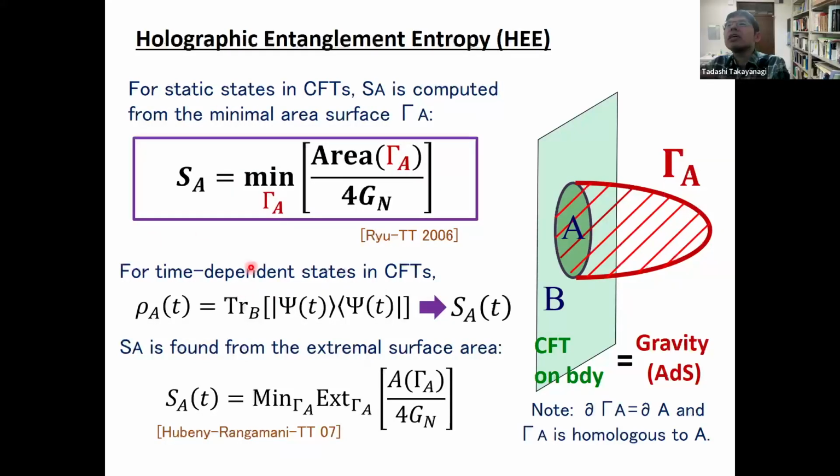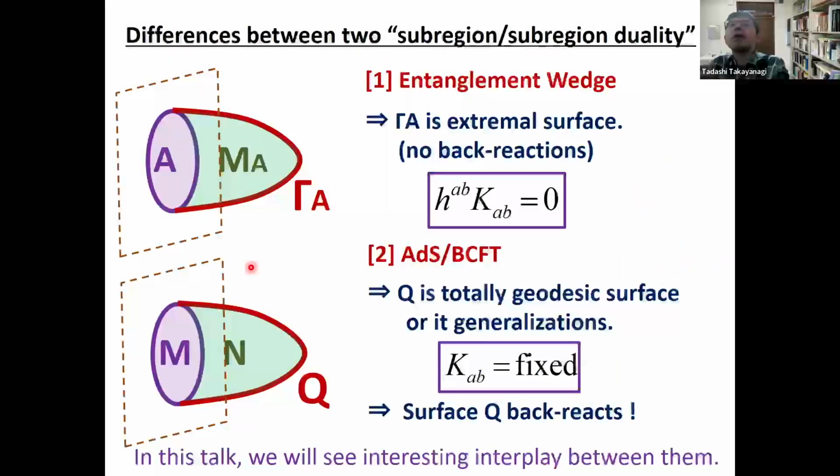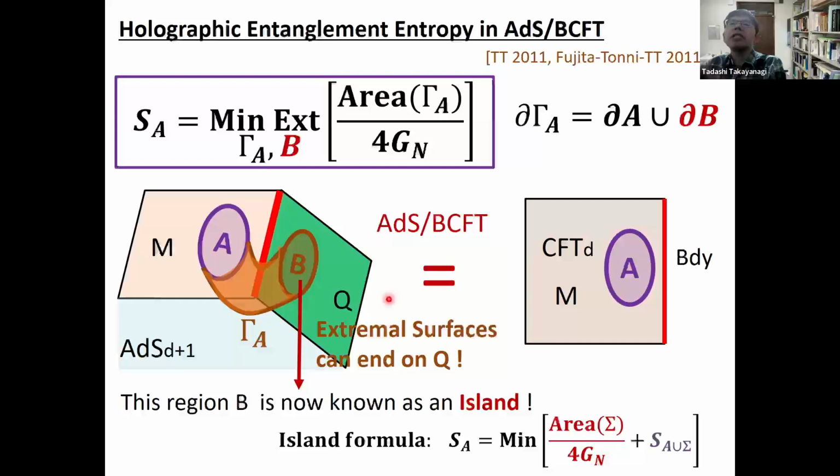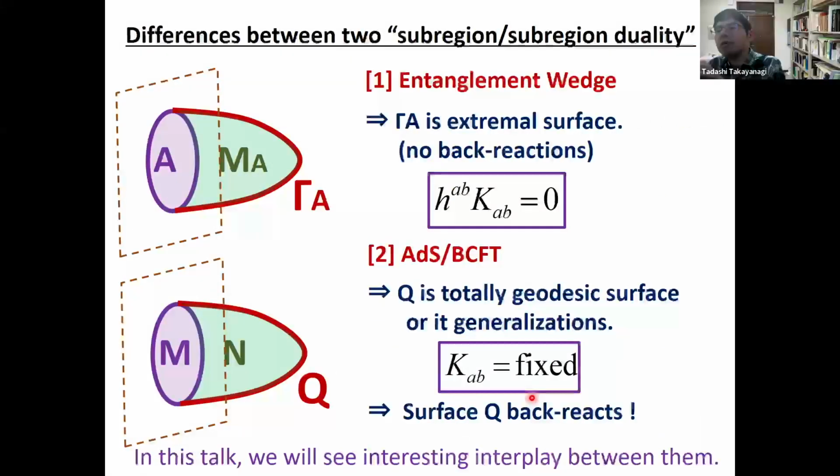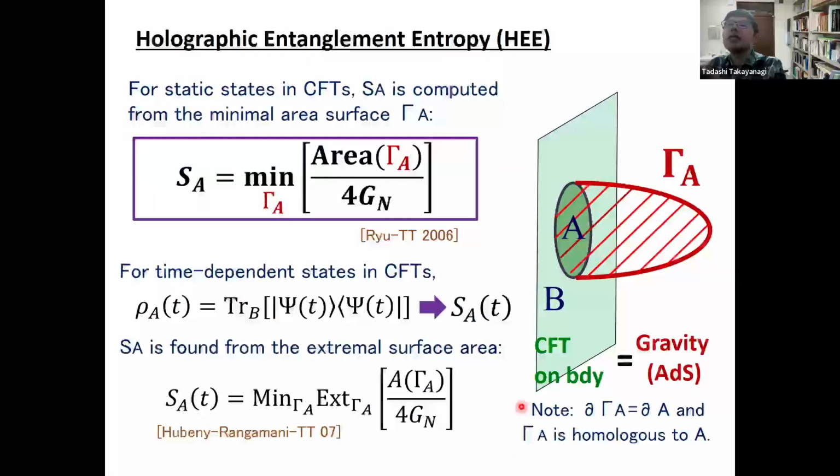Okay, so here is actually related to the previous question. For a different AdS/BCFT, the entanglement wedge is different. In the entanglement wedge case, as I mentioned, the traceless part of extrinsic curvature is 0, but in AdS/BCFT we need to fix all components of K_ab, and the dimension is also different. And now, how can we generalize this holographic entanglement entropy in the presence of the end of the world brane?